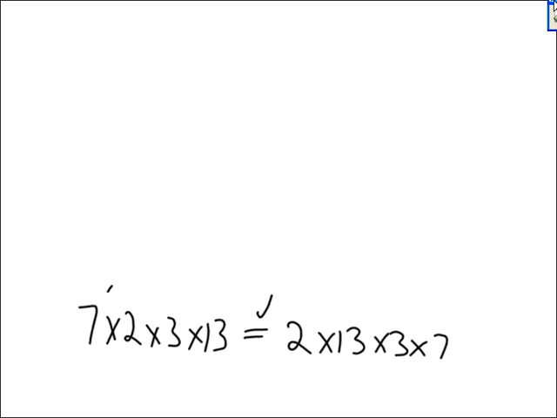They're both correct. They both have a 7, they both have a 2, they both have a 3, and they both have 13.